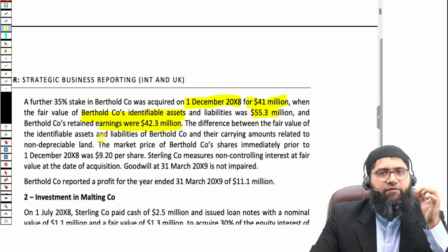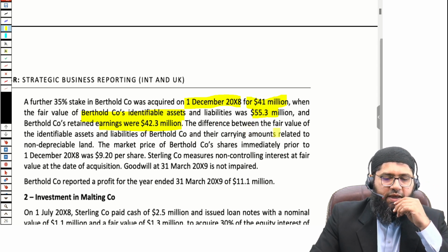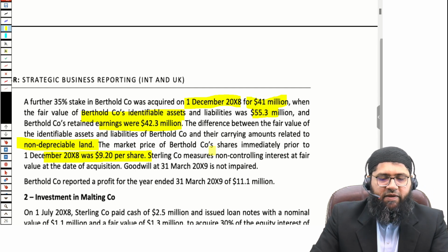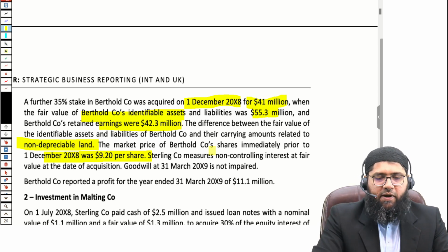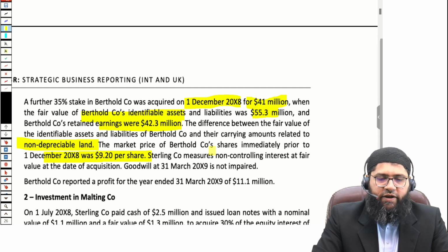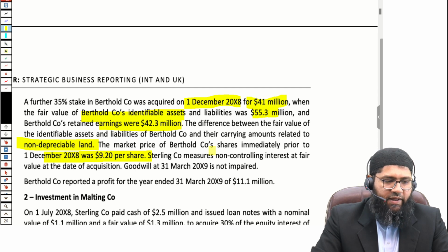The difference between the fair value of the identifiable assets and Birdhold's carrying amount related to non-depreciable land. The market price of the shares immediately prior to 1st December X8 was this. Sterling Company measured the NCI at fair value. Birdhold reported a profit for the year ended of so and so. Now what is the requirement? Explain how Birdhold will be accounted for, including any calculations, in Sterling's consolidated statement of profit or loss for the year ended 31st March 2009.